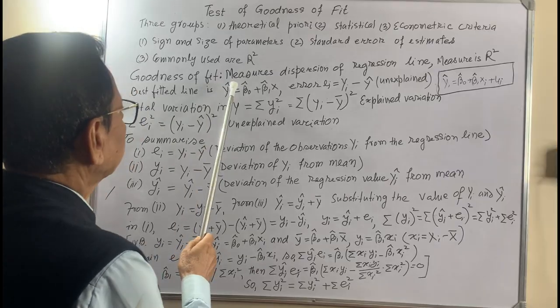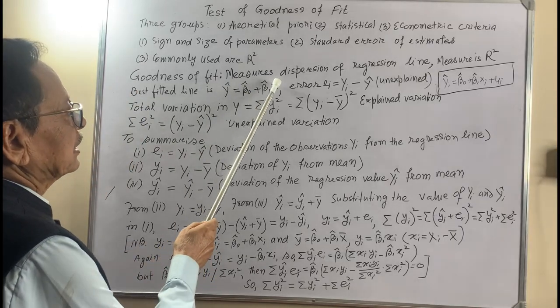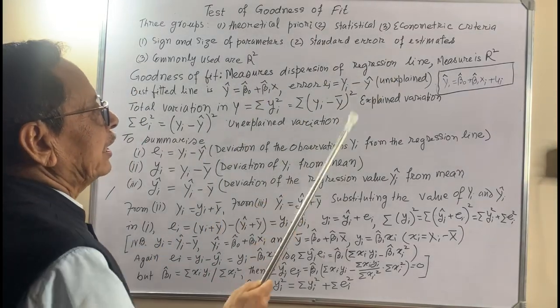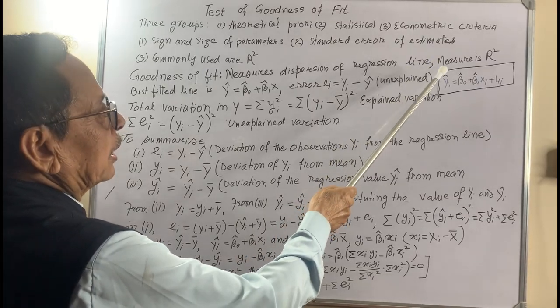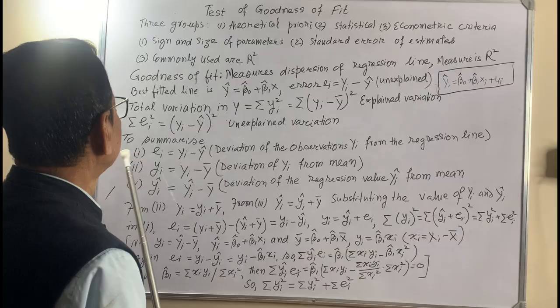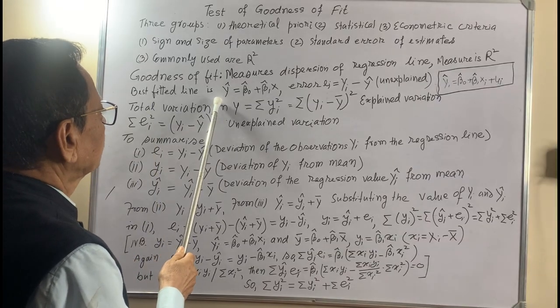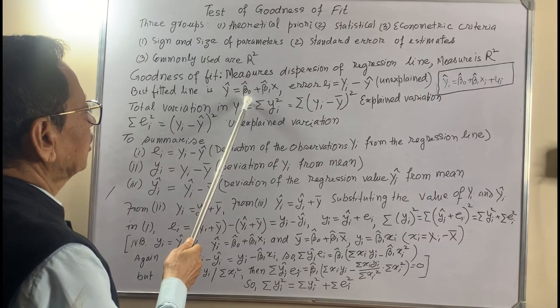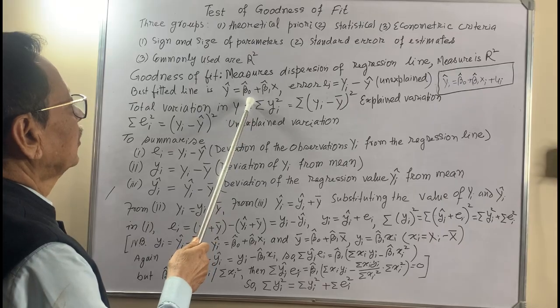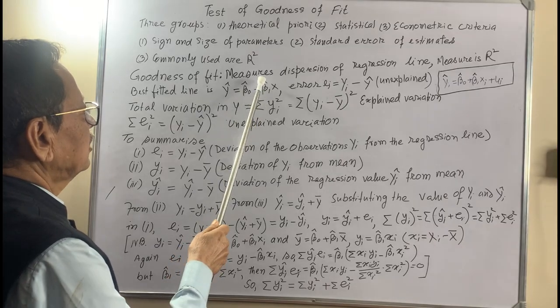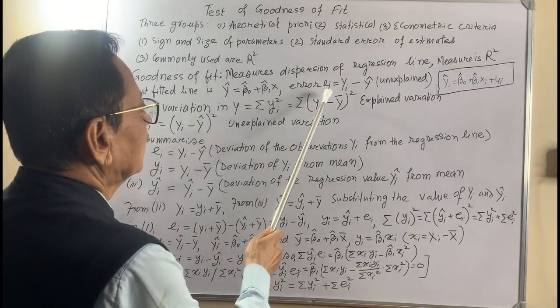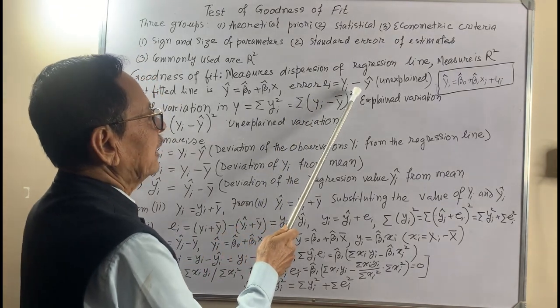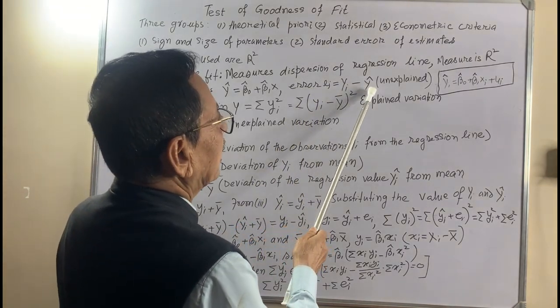Now, goodness of fit measures the dispersion of the regression line. The measure is R-square. So the best fitted line is estimated y is equal to beta naught intercept plus estimated beta 1 x. So error e i is equal to y i minus estimated y.